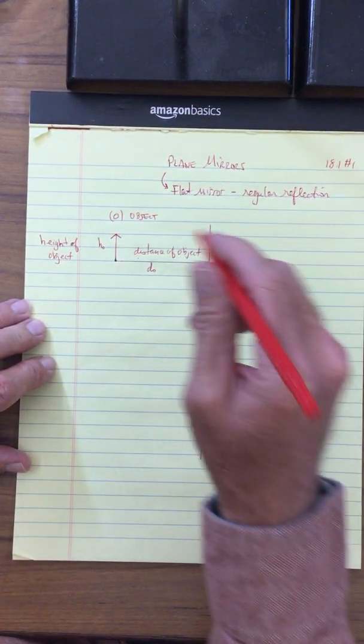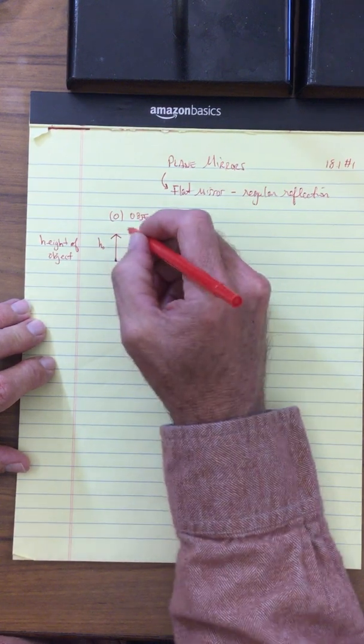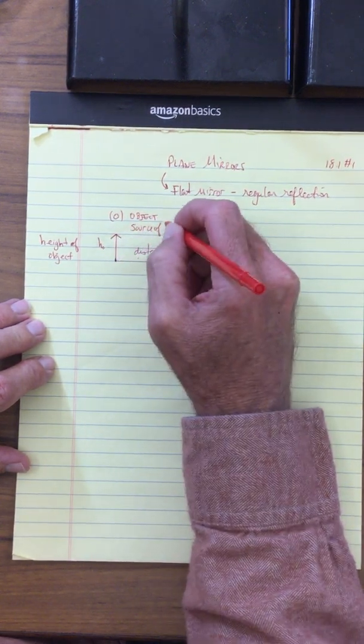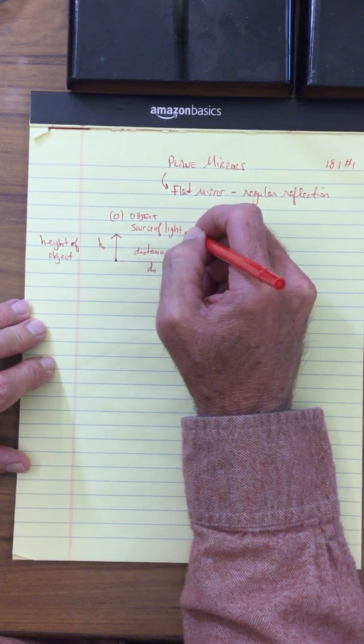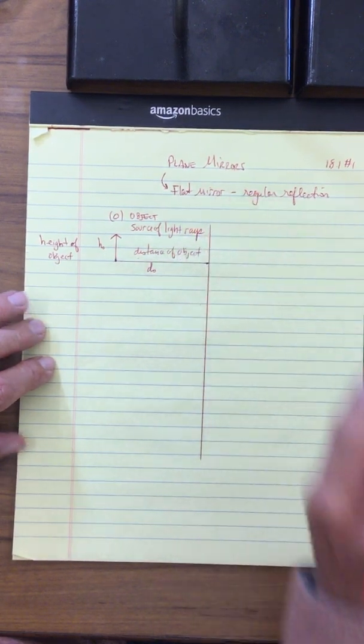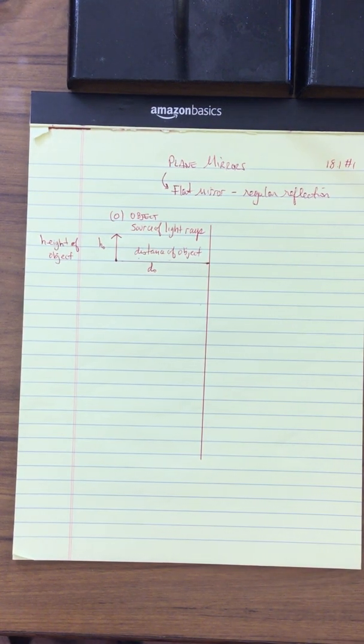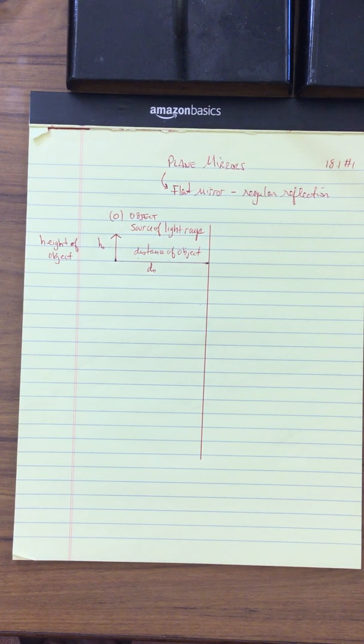And this is going to be the source of light rays. I'd like to explain what I mean by that. I think I've referred to this before. Imagine that there's someone sitting in the middle of the room and the lights are on.